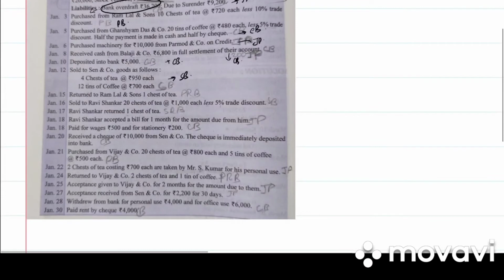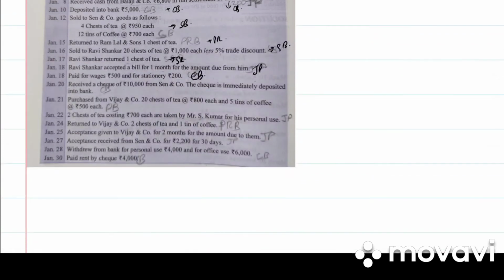Return to Ramlal and Son, purchase return. Sold to Ravi Shankar, sales book. Return goods, sales return. Ravi Shankar accepted a bill for 1 month for the amount due, journal proper. Paid for wages 500 and stationery, cash book. Received a check 10,000 and check is immediately deposited, cash book.